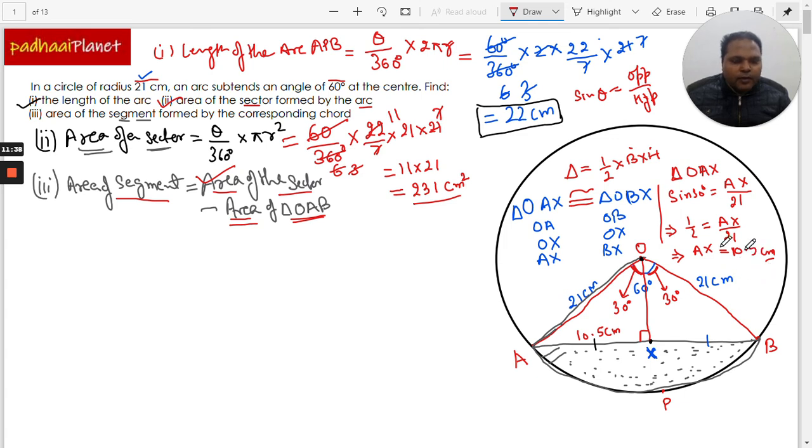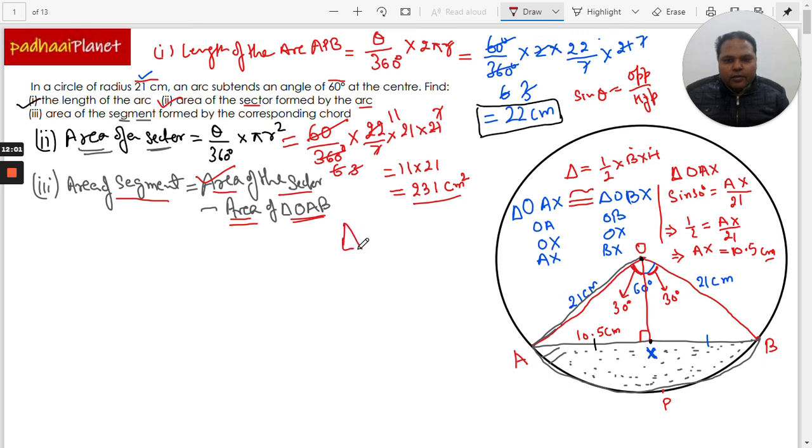Now from here we also need to find the value of OX. We need to find it with the help of cos theta. So let us observe the triangle OXB.